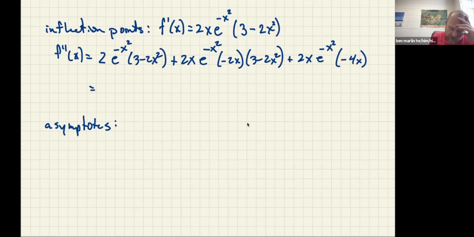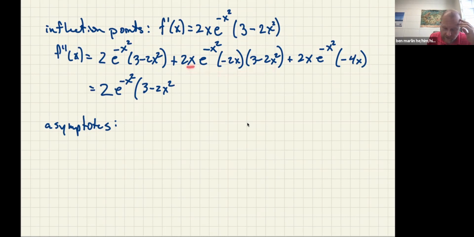So notice that out of every one of those, we can get a 2, and we can also get an e to the minus x squared. So that leaves a 3 minus 2x squared, okay, and then this one here is a little bit hairy.